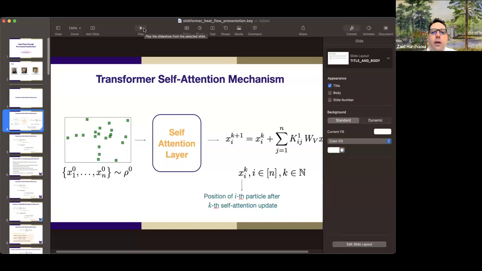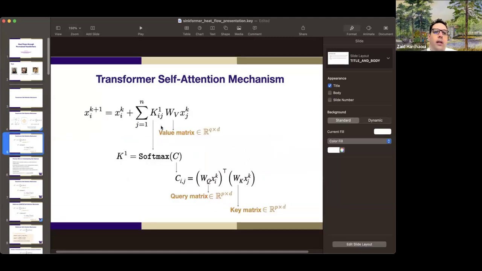As the particles are processed by the deep neural network, we perform some linear combinations of the particles through some attention layer. And what we have is this recursive formula across the particles. Just to set the vocabulary here, this sum is performed with some matrix K that is a nonlinear transform of some cost matrix, which is formed by the product of a query matrix and a key matrix.